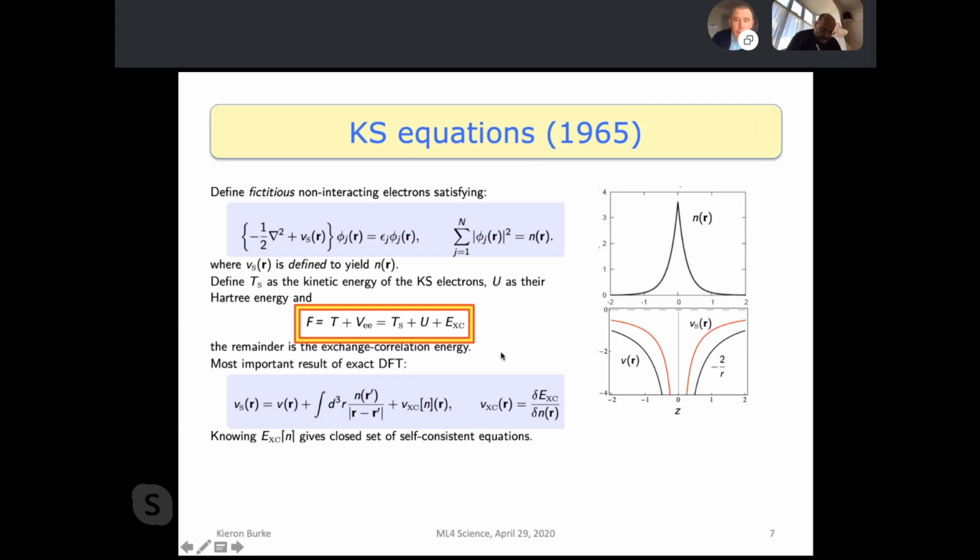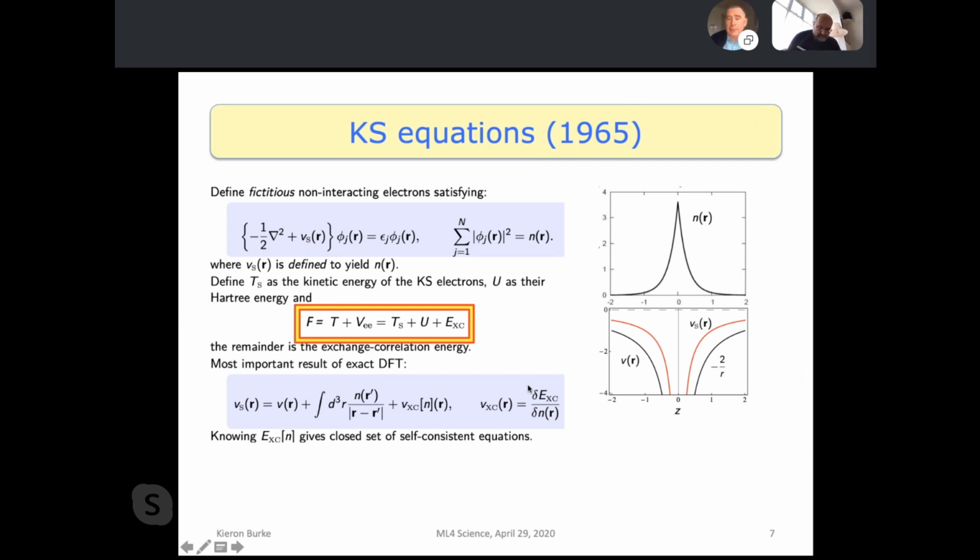And they proved that you can get the exchange correlation potential, the potential that goes in these equations, by differentiating the exchange correlation energy. So this gives you a closed, self-consistent set of equations that you can solve for any electronic system once you have an expression for this E_XC.